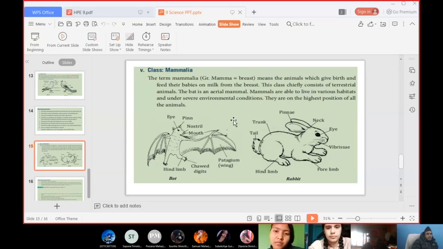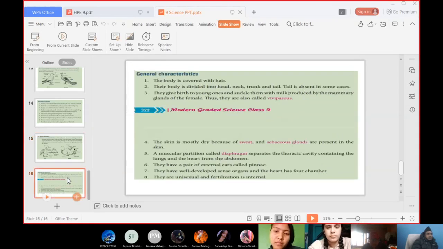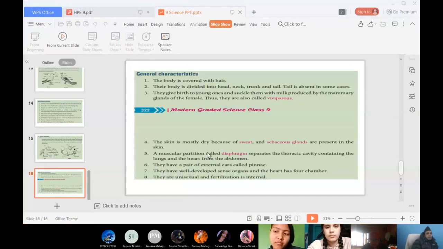Now the characteristics we are discussing here. The first characteristic of mammalia is that the body is covered with hair. Did you underline it? The body is divided into head, neck, trunk, and tail.